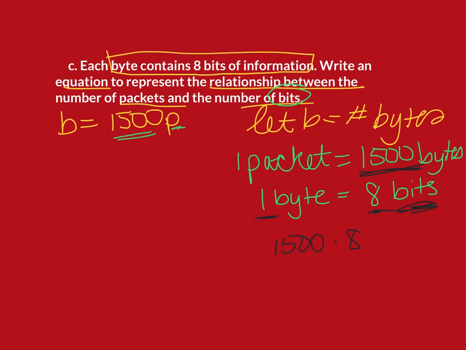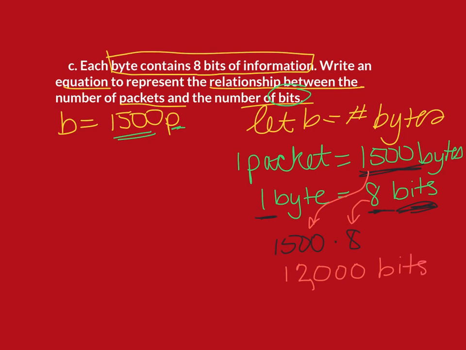The 1500 is the number of bytes, 8 bits because there's 8 bits per 1 byte. So if I go ahead and multiply those, I am going to end up with 12,000, sorry, I read my answer a bit wrong. So 12,000 bits.